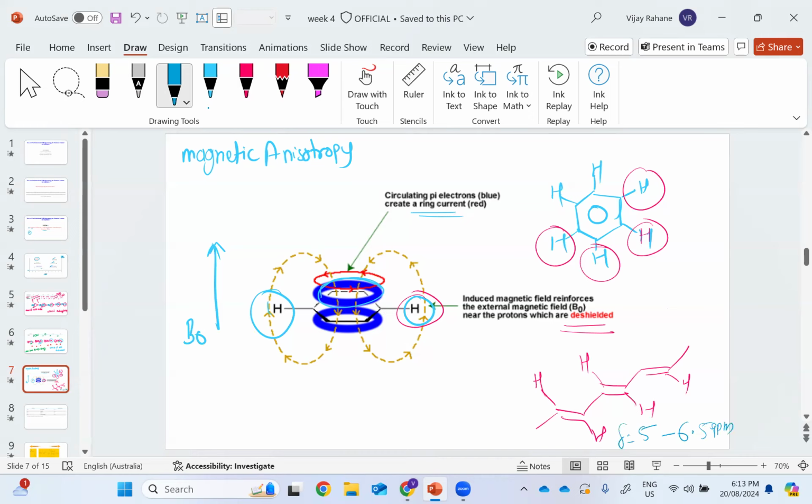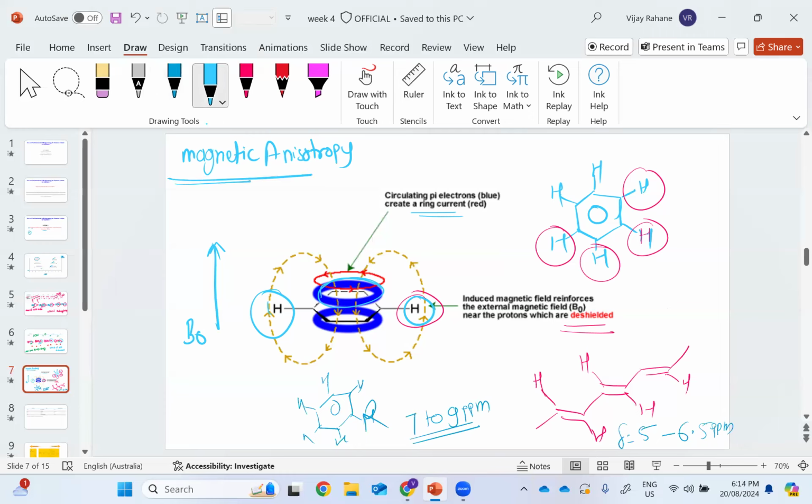But for the aromatic protons, depending on the R group, they show around 7 to sometimes up to 9 ppm, because of this magnetic anisotropy.